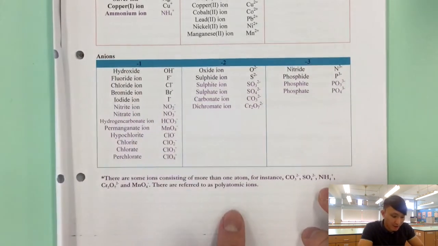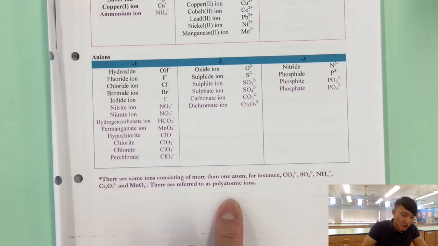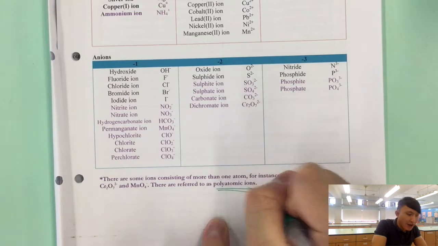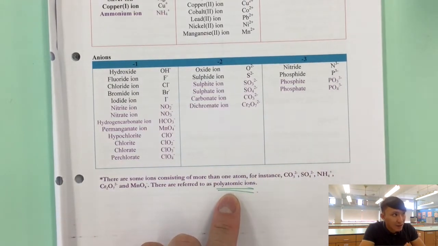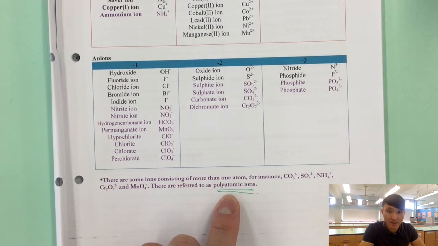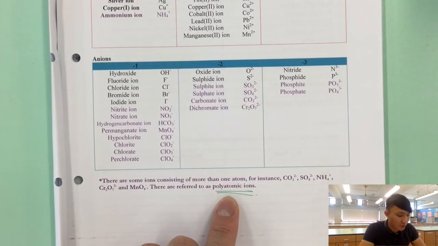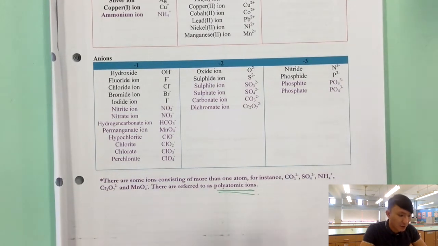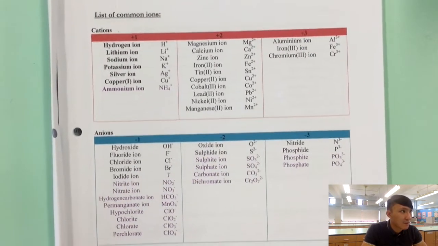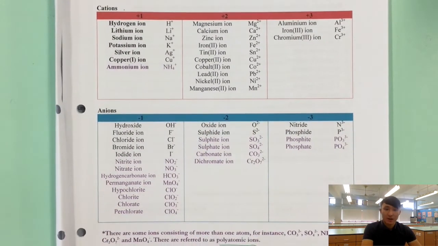So those are what we call the polyatomic ions. Okay? And the others, made of one atom only, we call monatomic ions. Okay? So these are all the ions that you need to know. Okay? At least in Form 4.